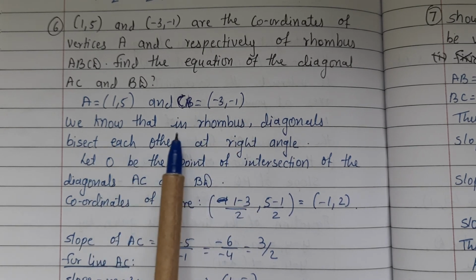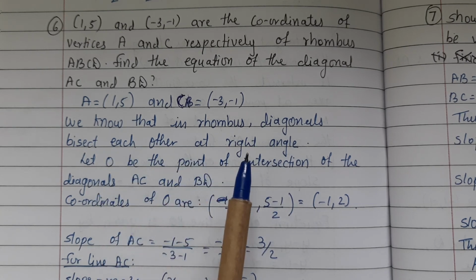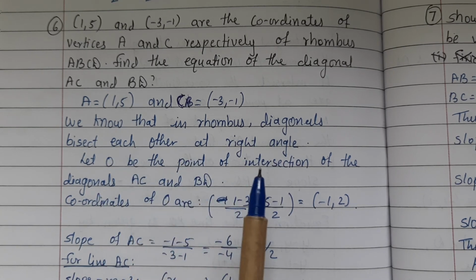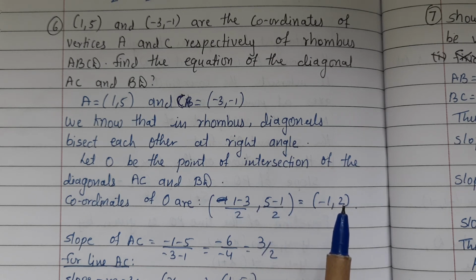We know that in a rhombus, diagonals bisect each other at right angles. Let O be the point of intersection of diagonals AC and BD. Coordinates of O are 1 minus 3 upon 2, 5 minus 1 upon 2, equal to minus 1, 2.